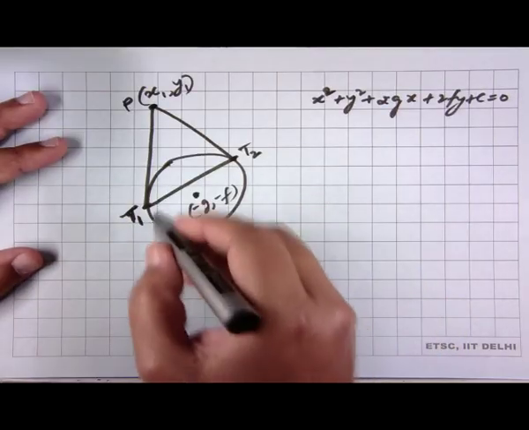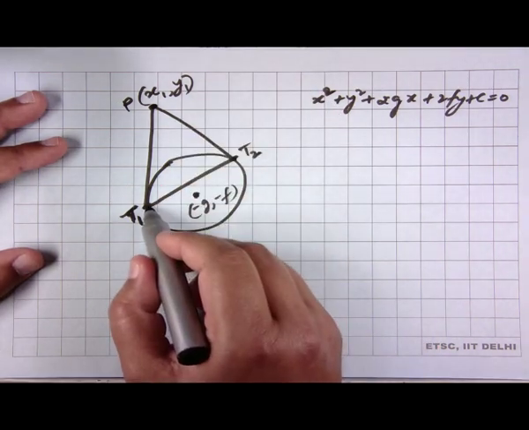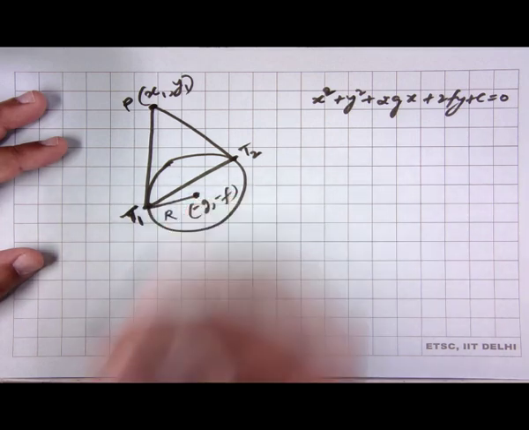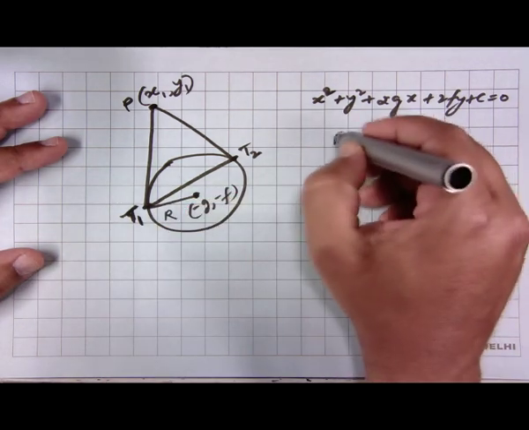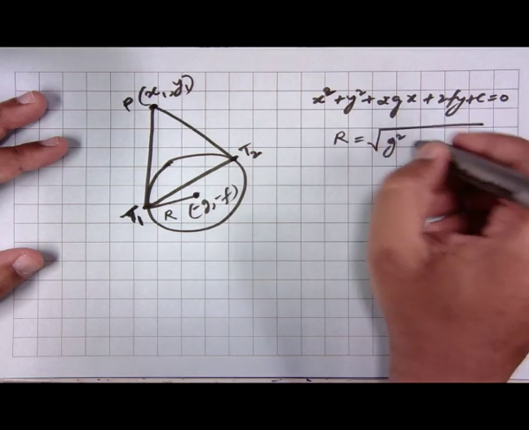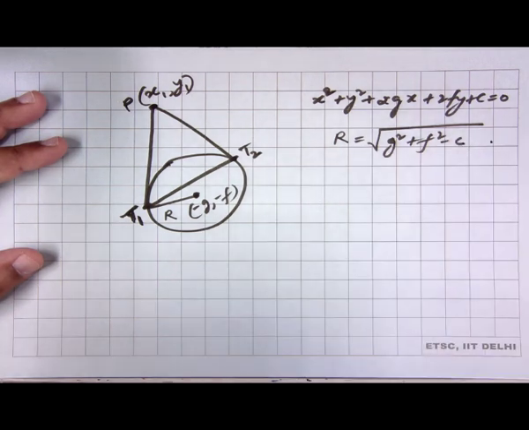So, of course, we know the radius of this circle r, which is given by square root of g square plus f square minus c.